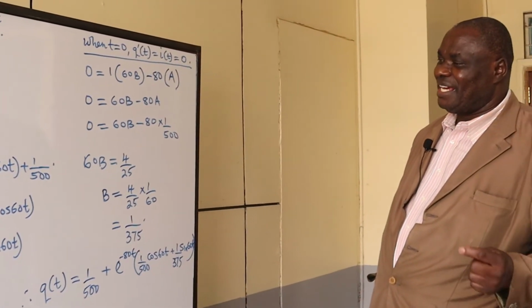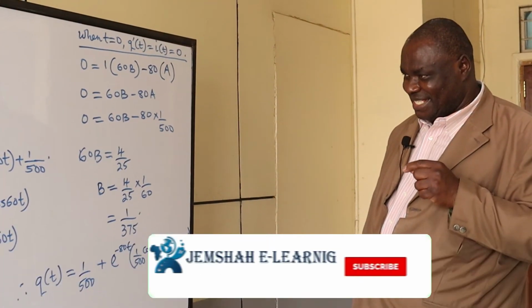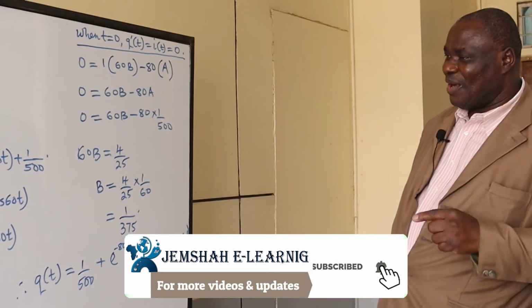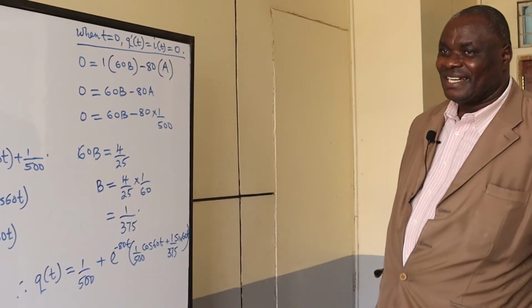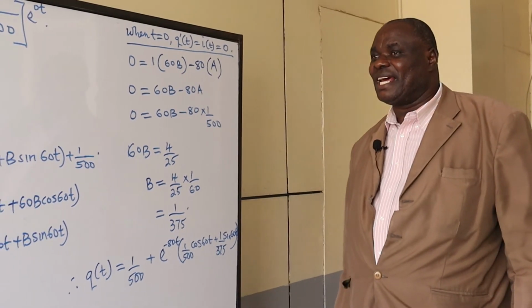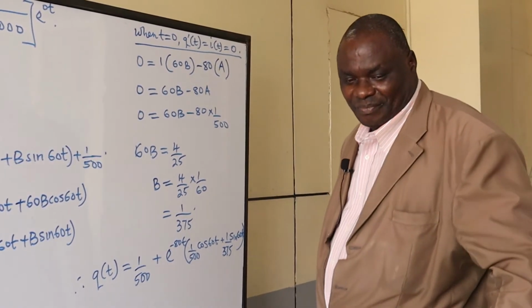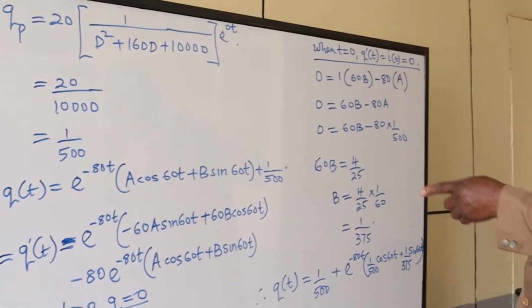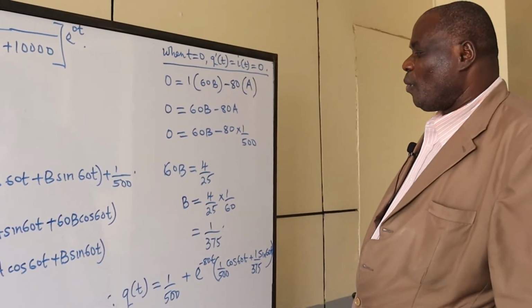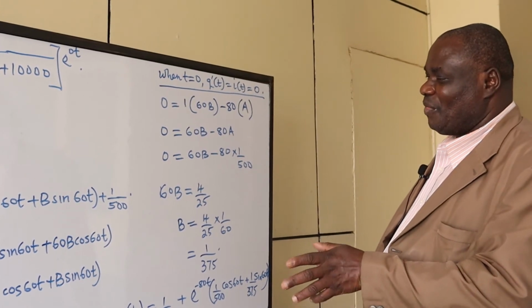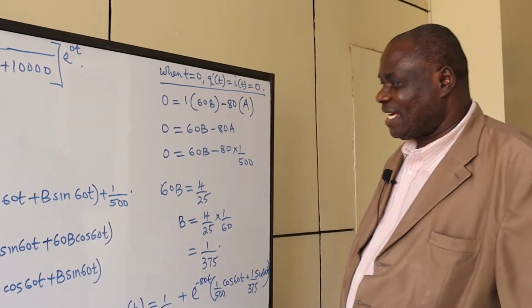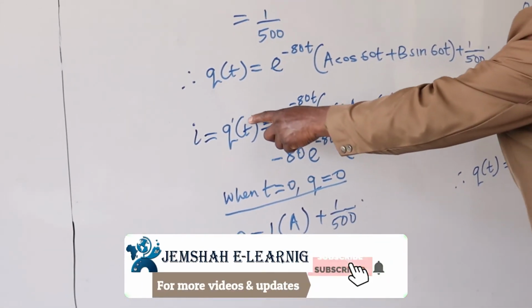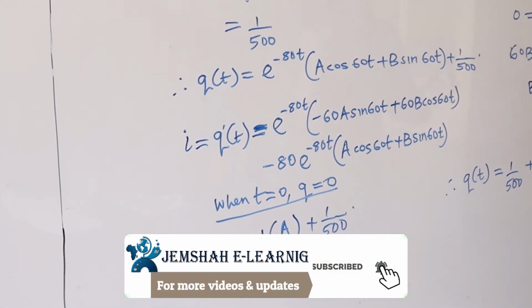We are still remaining to get the expression for our current that flows in that particular circuit. Because we have the derivative around, we can just replace the values of A and B in the expression for I. The expression for I, we have it.